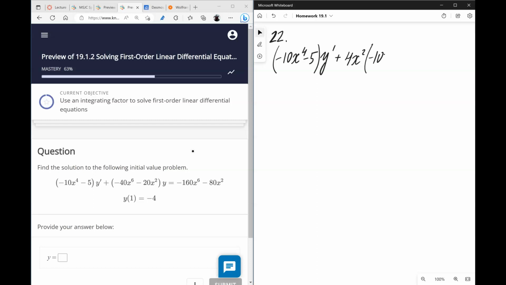So we have negative 10x to the 4 minus 5 times y, and here we have 16x squared. So assuming that negative 10x to the power 4 minus 5 is not equal to 0, we obtain the following equation in standard form.